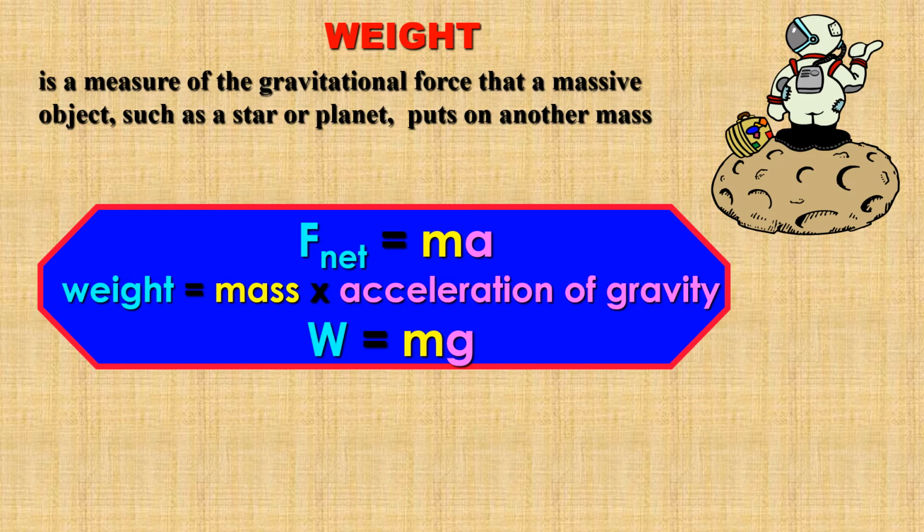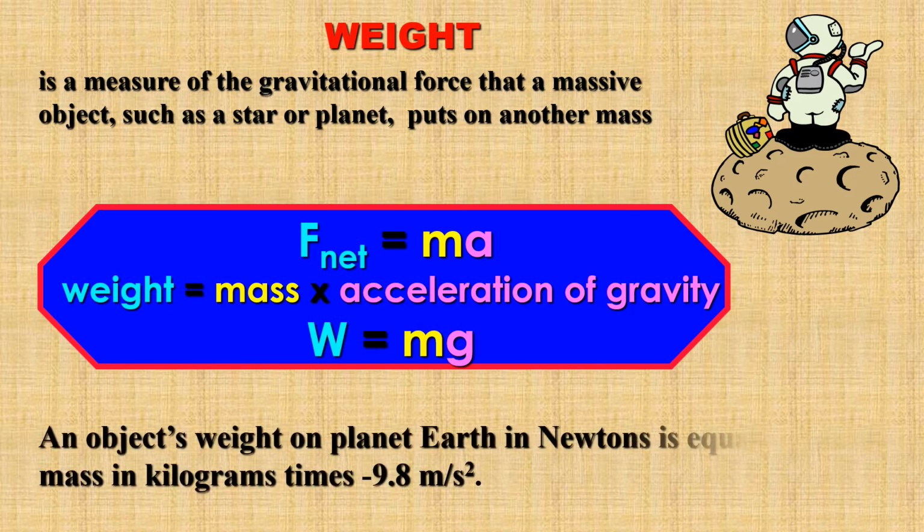So, the equation is written in the form W equals m times g. An object's weight on planet Earth in newtons is equal to its mass in kilograms times negative 9.8 meters per second squared.